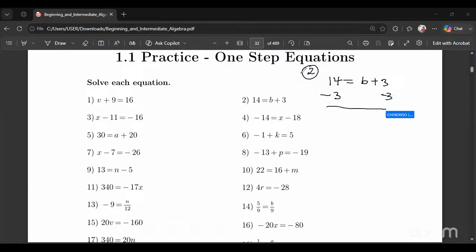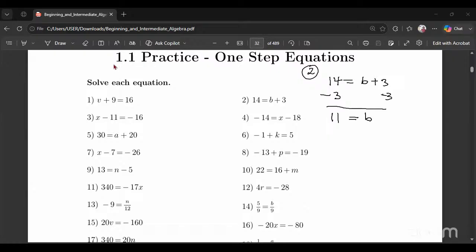So 14 minus 3 would be 11, and that would be equal to b, and then 3 minus 3 is 0. This satisfies the equation because if you add 3 and 11, it gives you 14.